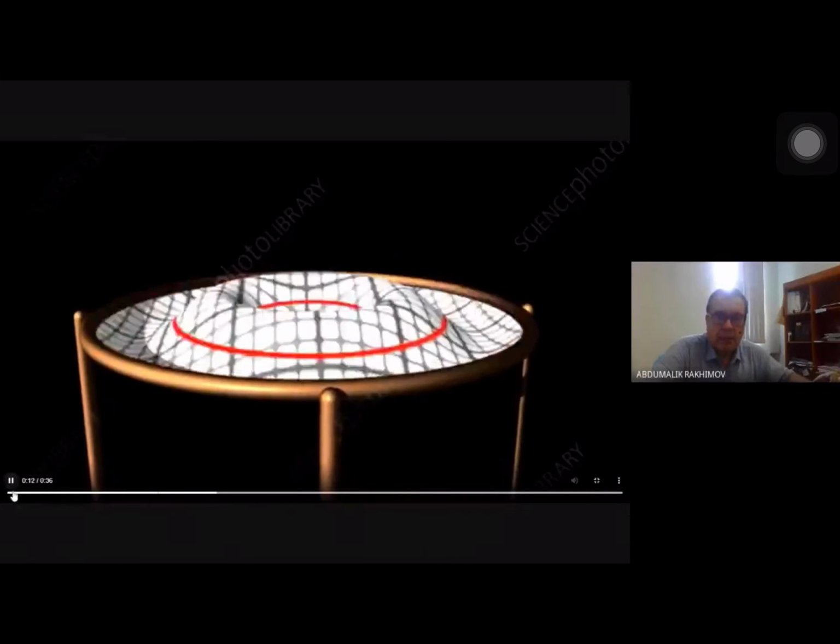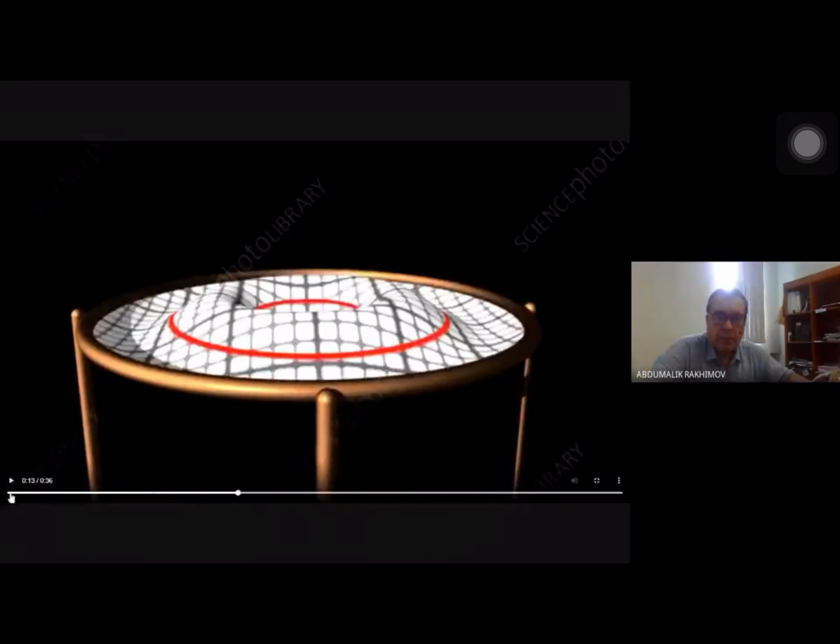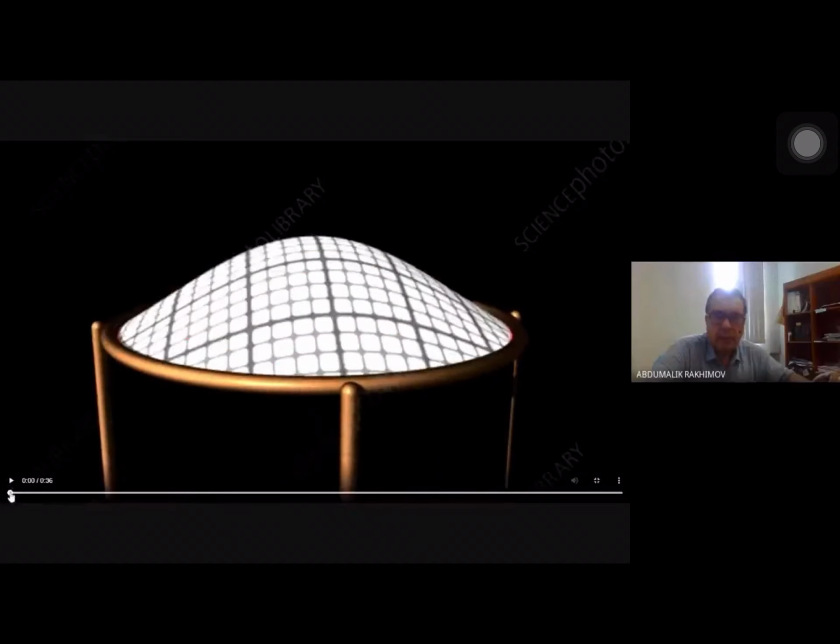So let's ask question, why is it vibrating like this? If you see this, it is the initial form of the membrane, right? Then if you start the experiment from this form, why should this membrane go down? Only because of tension, right?